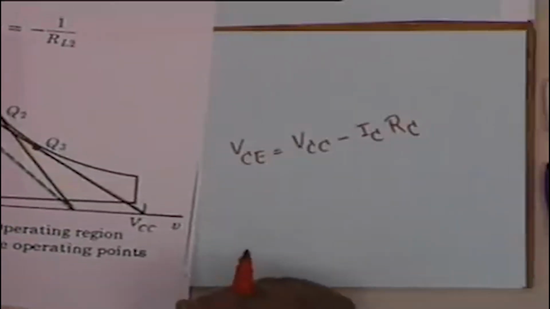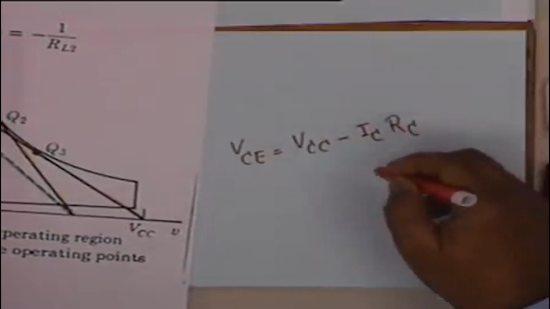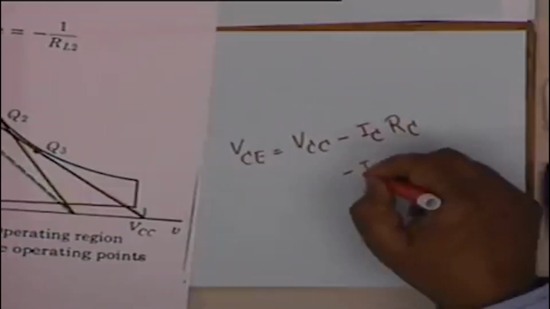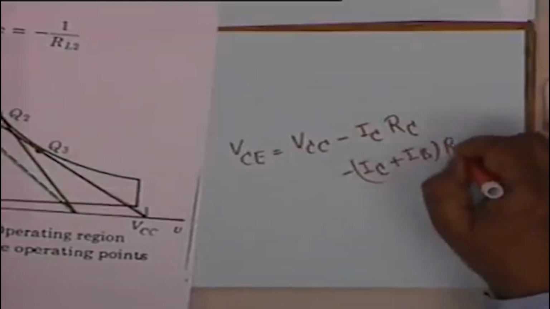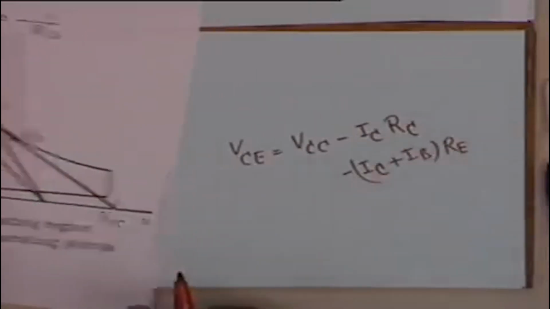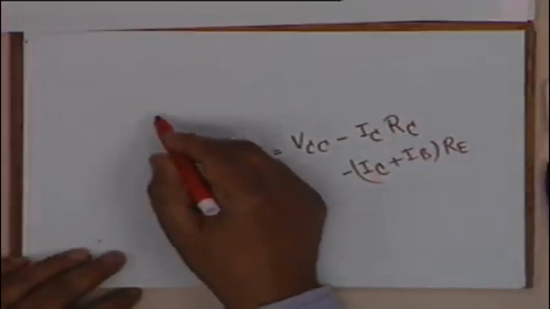If there is resistance in the emitter lead, then it should be I sub C RC plus (I sub C plus I sub B) times RE. Is that clear?